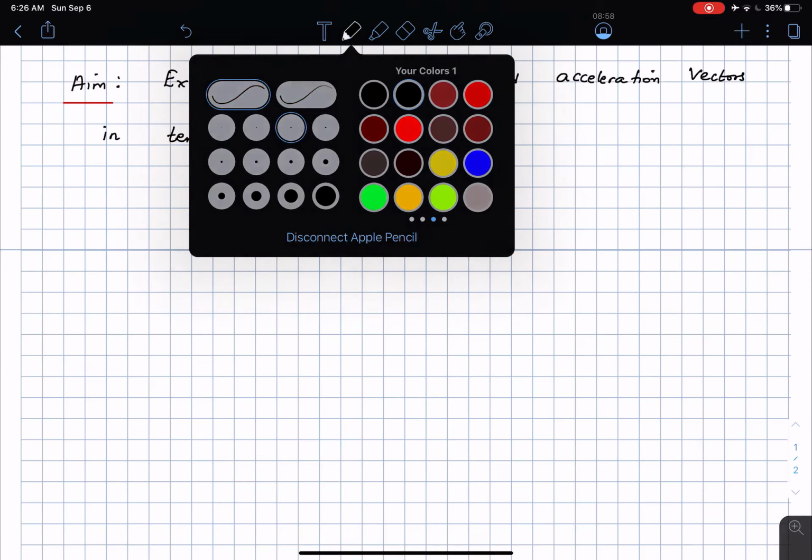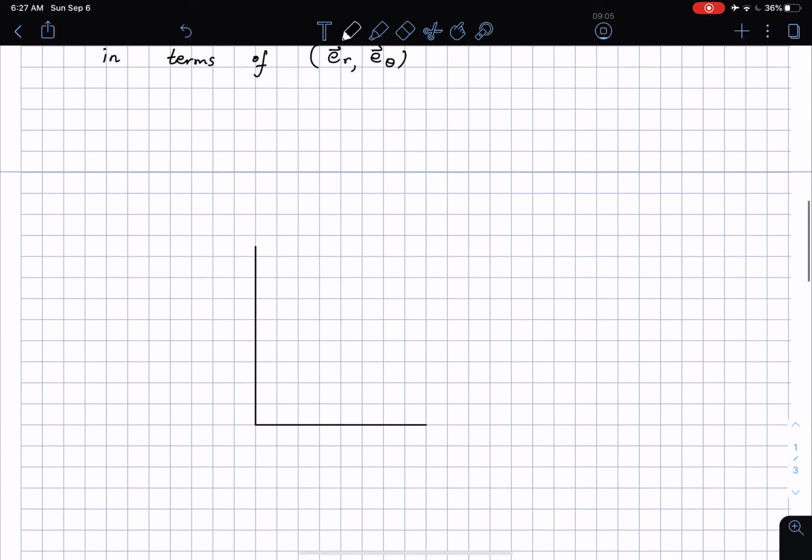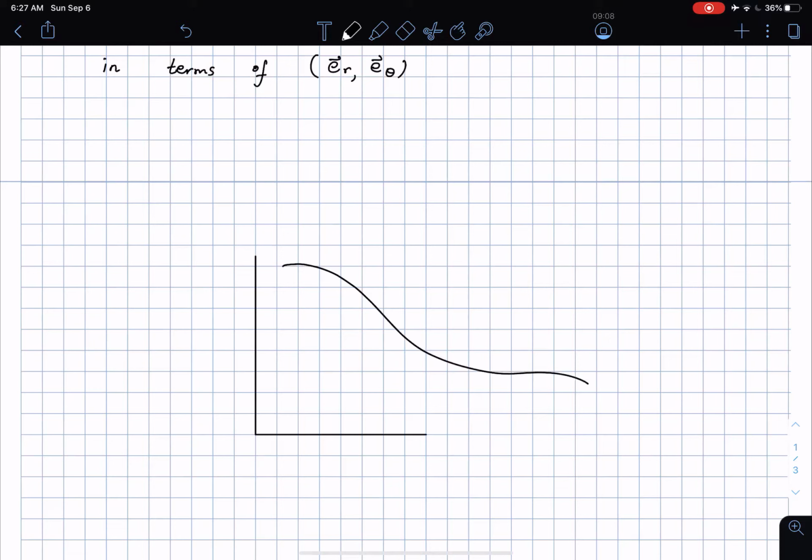Okay, so this is going to be the aim for us, and towards that I'm going to be redrawing my coordinate frame, and then look at two arbitrary time instants like we have done in the past. So here is the particle. Let's say that this is the path of the particle watched by a fixed observer from the point O. From here I'm going to draw a position vector to some point in time t, and then there is another point infinitesimally close to it.